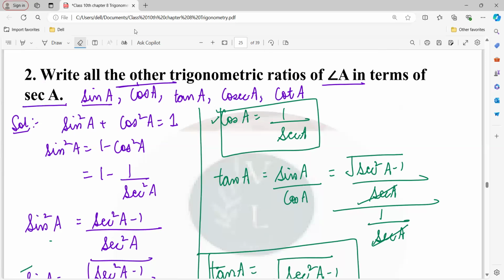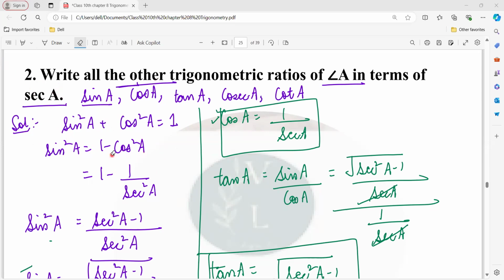So first of all, what we have done, we have used the identity sine square A plus cos square A is equal to 1, and we need to find the value of sine A. So we have taken sine square A on the left side and we have shifted cos square A to the right-hand side. So we got 1 minus cos square A. But we want it in terms of secant.